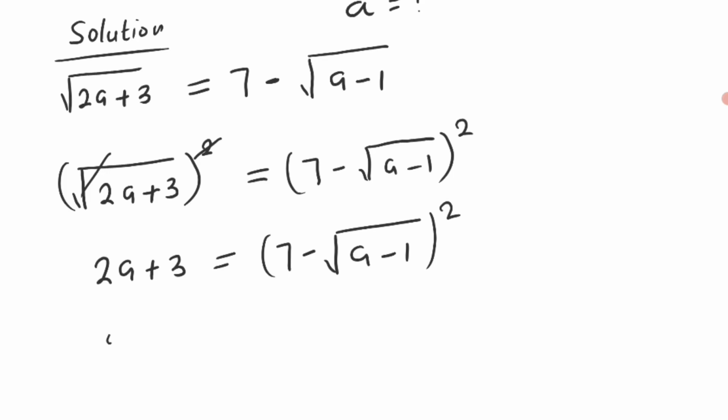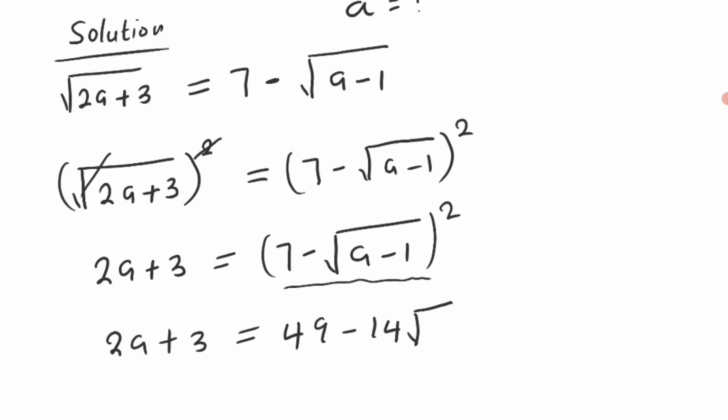If you expand this, we have 49 minus 14 root a minus 1 plus a minus 1.